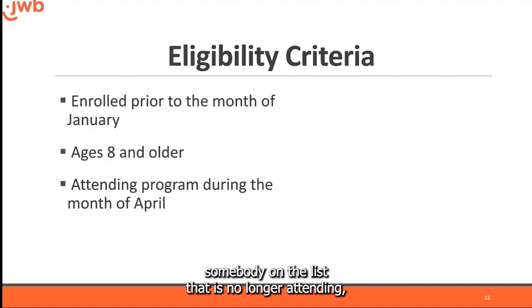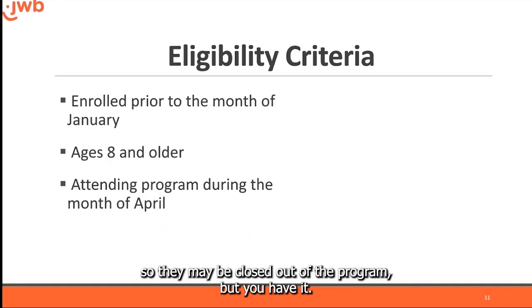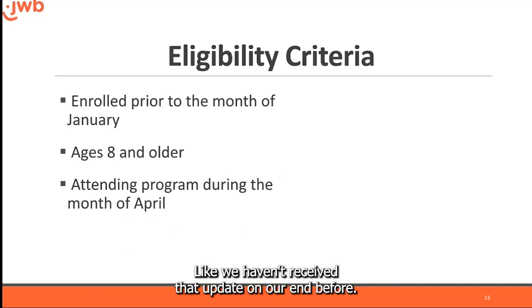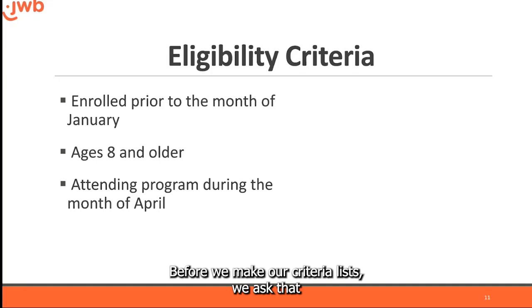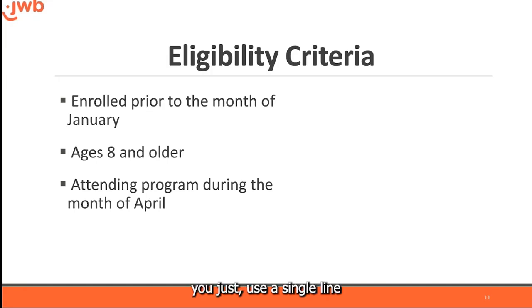If somebody on the list is no longer attending, so they may be closed out of the program but we haven't received that update on our end before we make the eligibility list, we ask that you just use a single line to cross their name out.